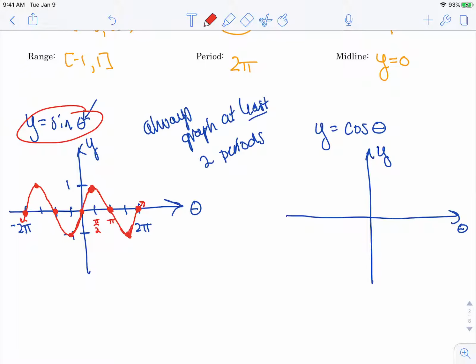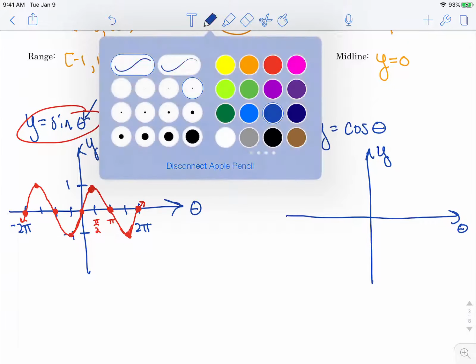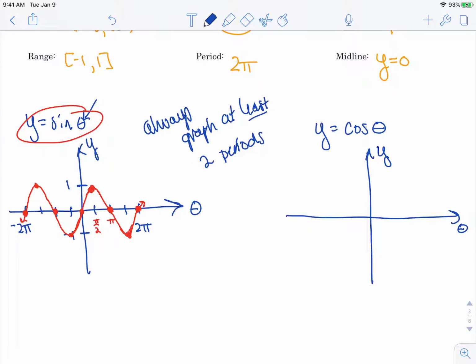All right, let's do cosine. For this, I know my one full period for cosine is 2 pi. So I always just make that last tick my period. I'm going to go in the other direction. And then we know our highest point for cosine is 1 and negative 1.